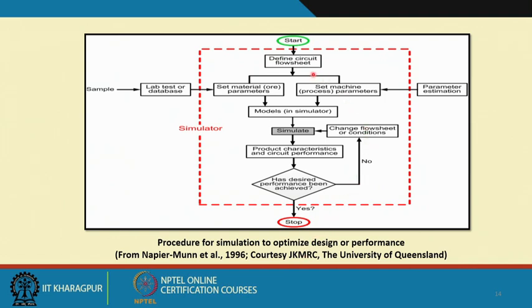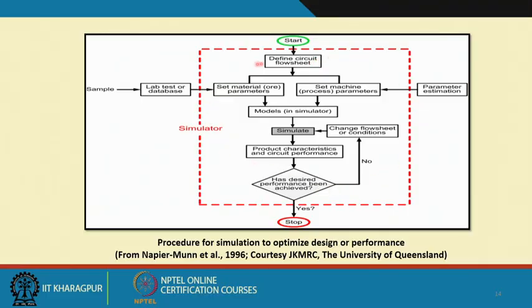What do they do? You have a simulator that defines the circuit flow sheet, that is, you want to test different flow sheets to see which circuit will give you the best. Based on that, you put in the conditions, that is, the parameters set by the machine and the parameters set by lab tests for databases, and then you simulate and see the product characteristics and circuit performance.